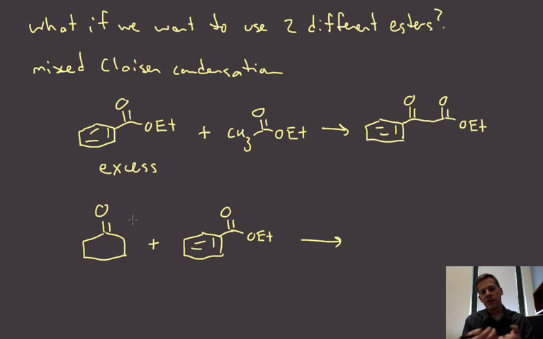Of course, it could do a self-aldol, so you're going to have to take that into account and probably still use an excess of the ester. But you certainly could think about getting a reasonable selectivity of this type of product here, this 1,3-diketone.